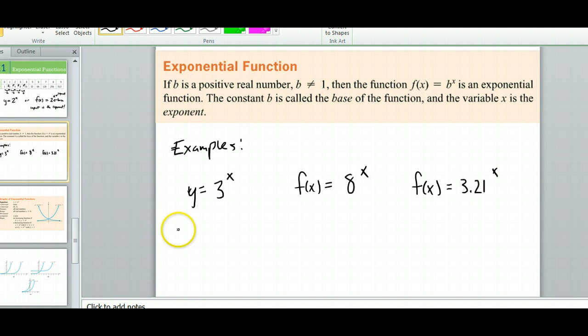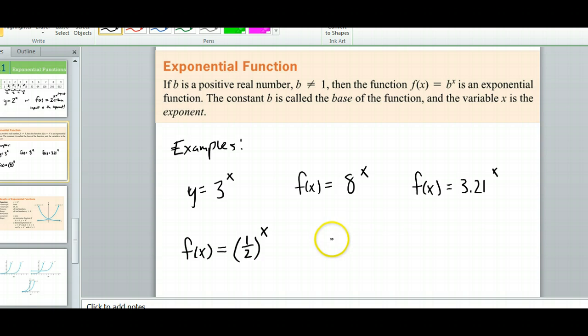Or f of x equals 1/2. It doesn't have to be bigger than 1. It just says it's not equal to 1. So positive, but not bigger than 1, 1/2. That'll work. 1/2 to the x.